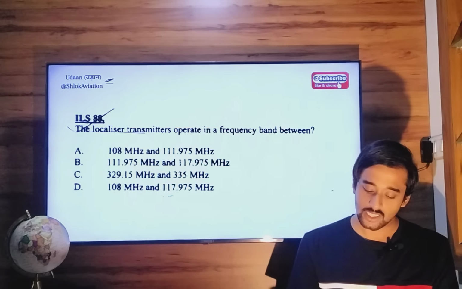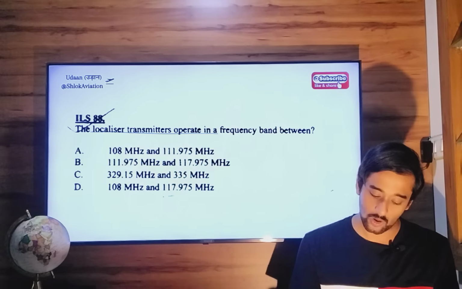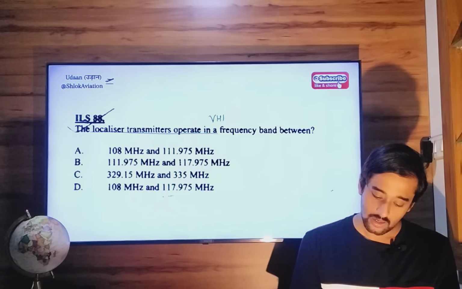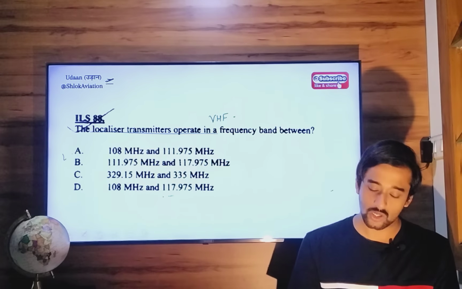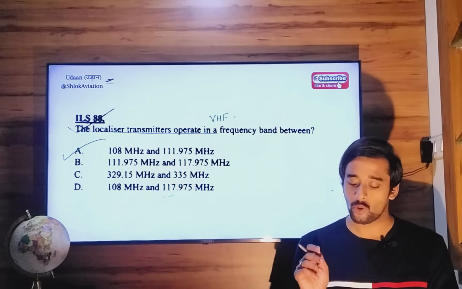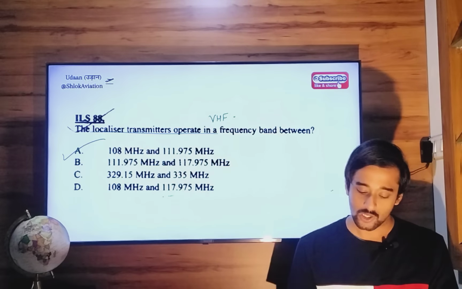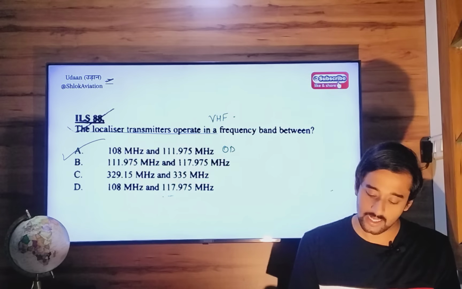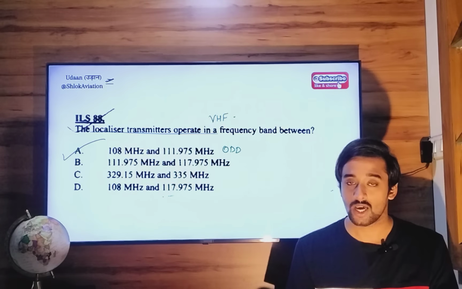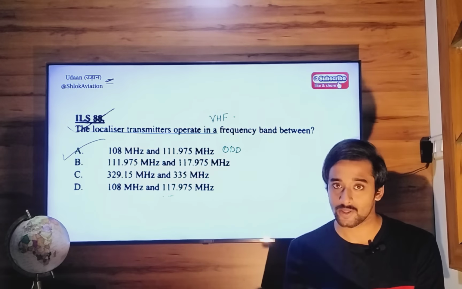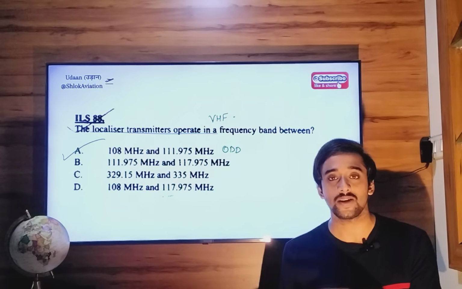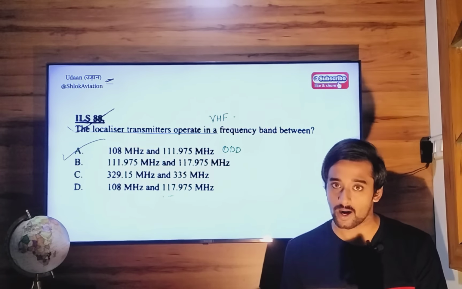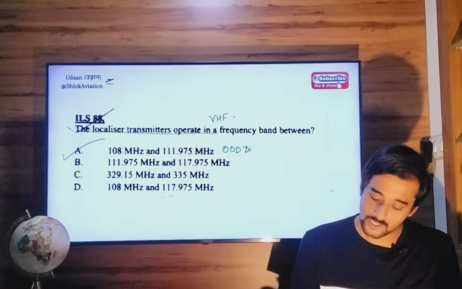The localizer transmitters operate in a frequency band of VHF beginning from 108 megahertz up to 112, that is 111.975, because localizer has all frequencies which have odd decimals allotted to them. VOR frequencies have even decimals. The ones with even decimals will be allotted to VOR.